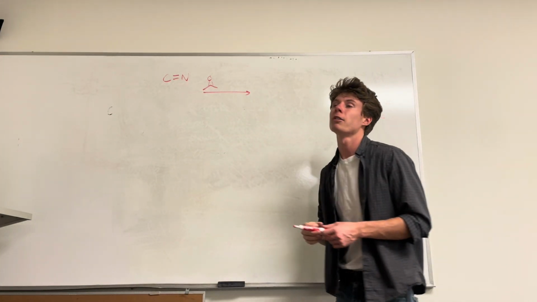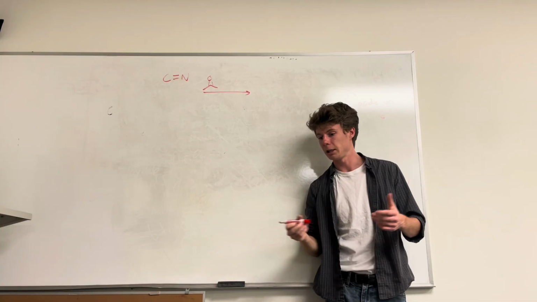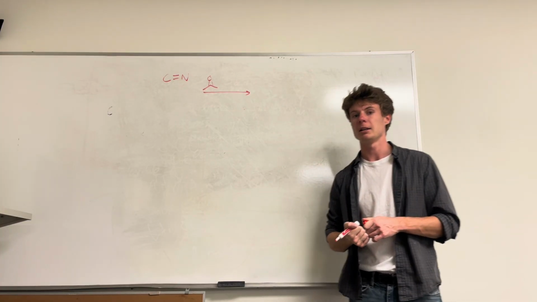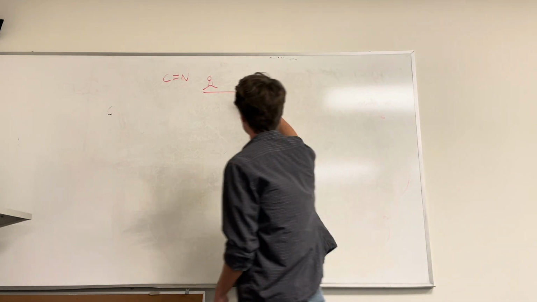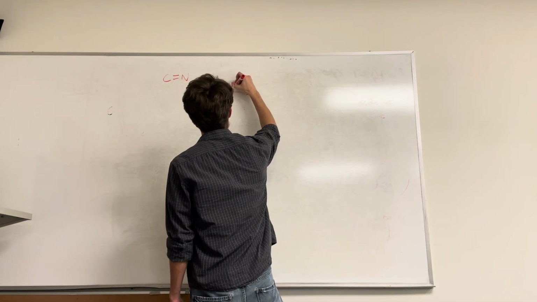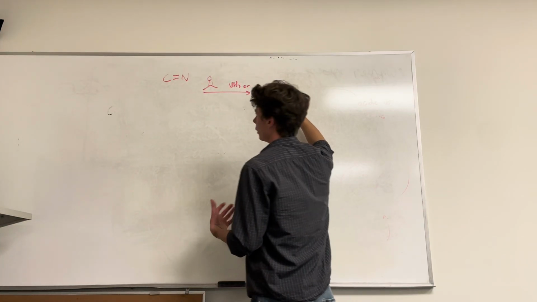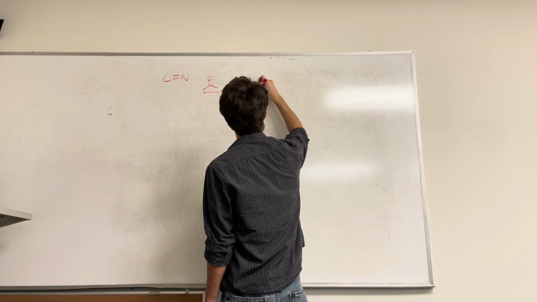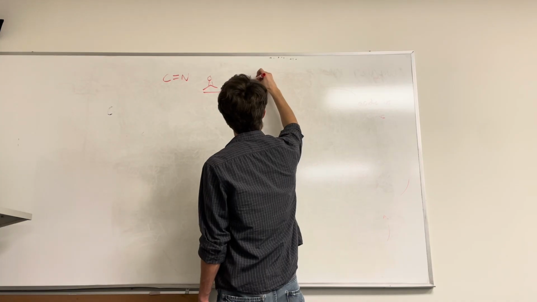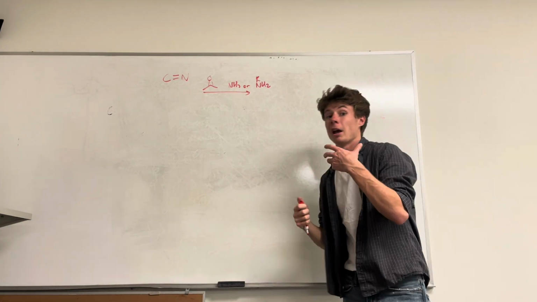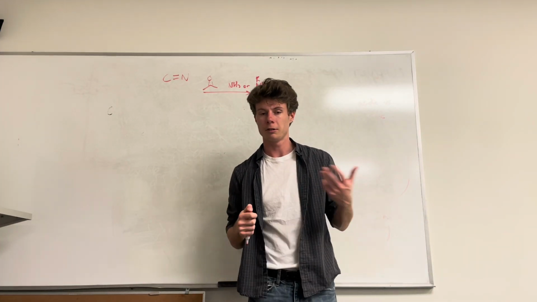Now, with an acetal, I needed, for example, I needed excess alcohol. For imines, I need either ammonia, NH3, okay, or NH2 as a primary amine. Let's put an R group on there, okay? NH4, too many protons, not a good nucleophile.